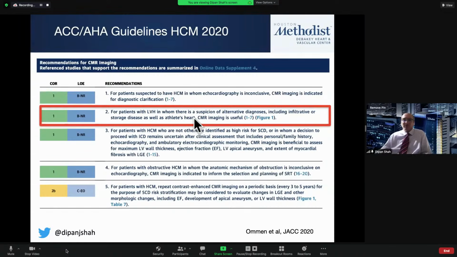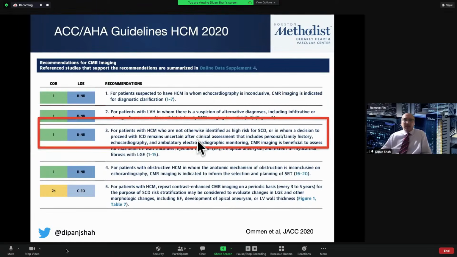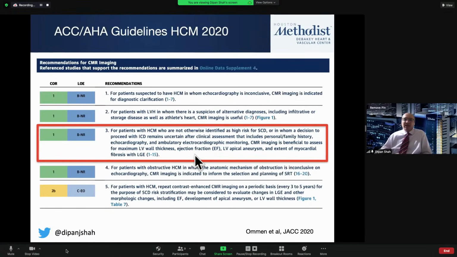We'll touch on some of these other disorders later on in today's talk and next week. There's also now a class 1 indication to incorporate CMR in HOCM patients who are not otherwise identified to be high risk, to use information provided by CMR as far as maximal wall thickness, ejection fraction, apical aneurysm, and importantly, the extent of fibrosis to identify sudden cardiac death risk and potentially ICD candidacy.